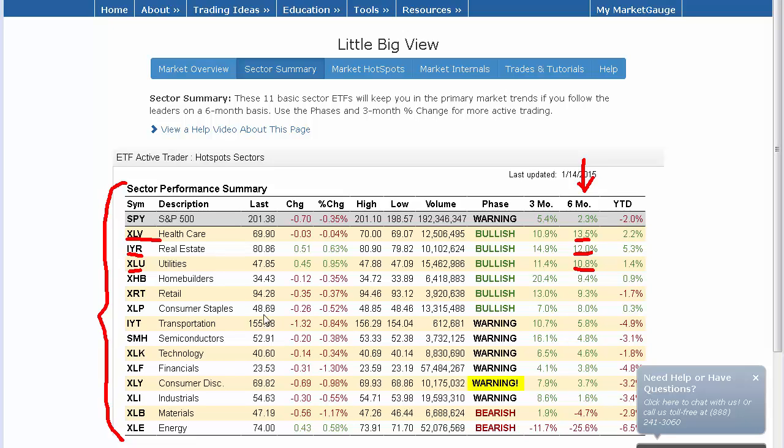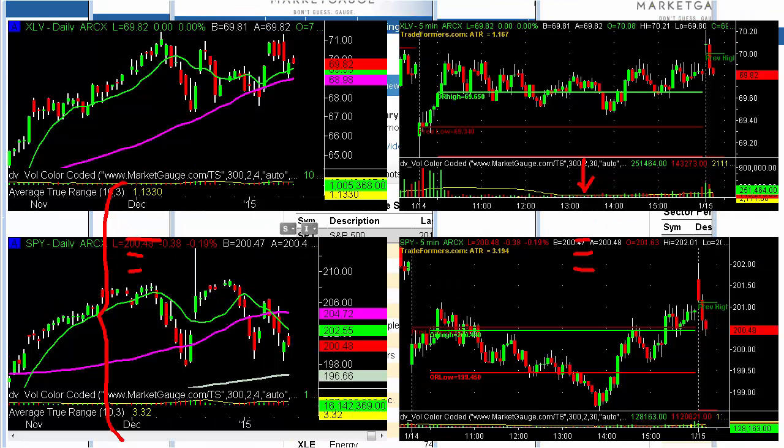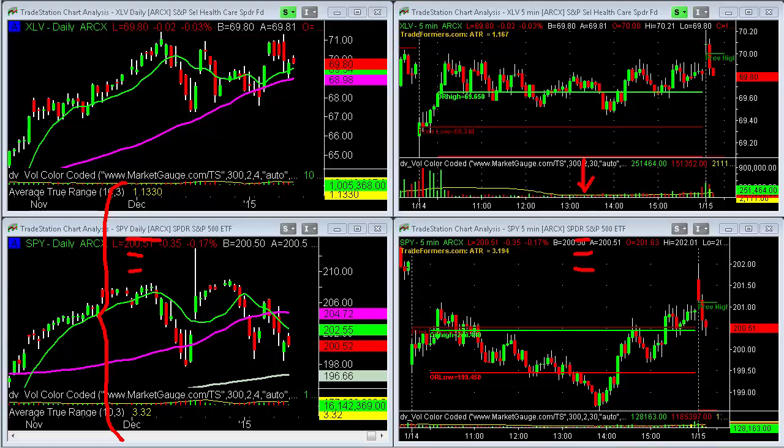So now that you know how I picked XLV and really why I picked it, let's go back to the potential trade. Now, if you were a day trader, being quick and agile, or nimble, I should say, and being able to pick this up right out of a 5-minute opening range breakout gives you a nice day trade really quickly.